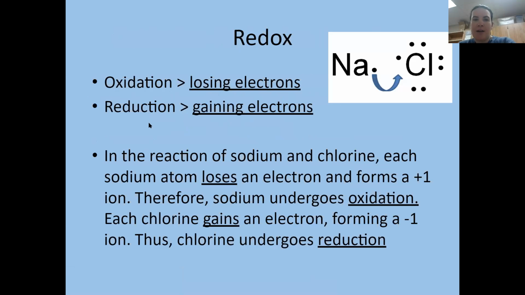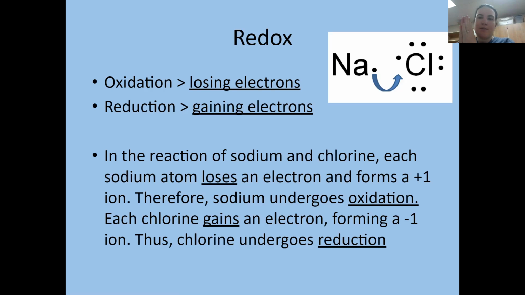In this reaction, the sodium would be oxidized because it is losing electrons, and the chlorine is reduced because it's gaining electrons. Now that sounds backwards, because if you're gaining electrons, why are you being reduced? But because electrons are negative, we actually look at the charge to tell us which is oxidized and reduced.